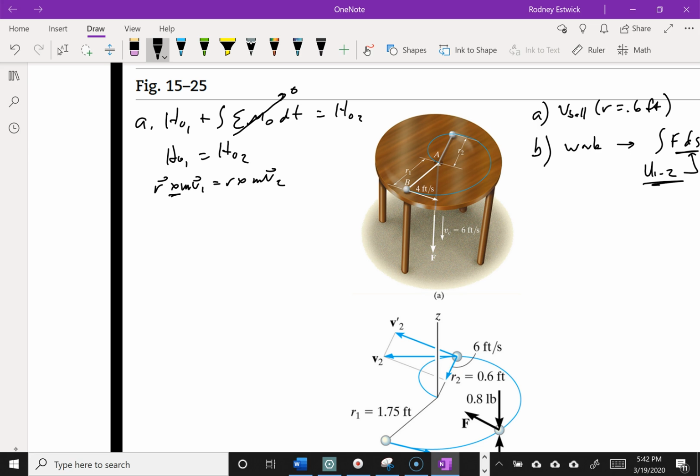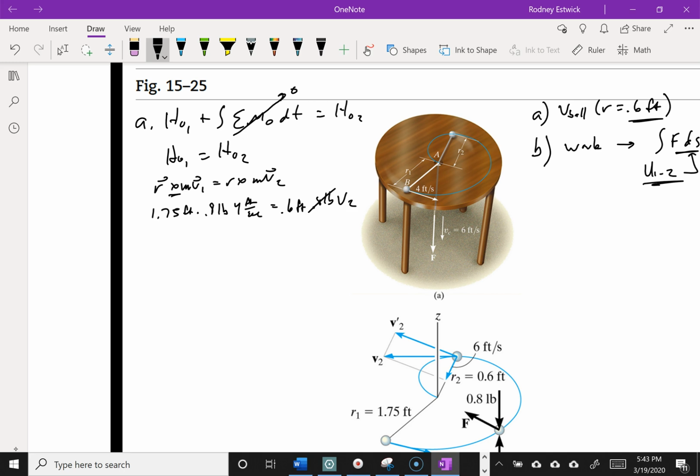So this initial term is 1.75 feet times the mass, 0.8 pounds, times that initial speed, which is 4 feet per second, and it's going to equal R2, which is 0.6 feet, crossed into mass, 0.8 pounds, and then V2.